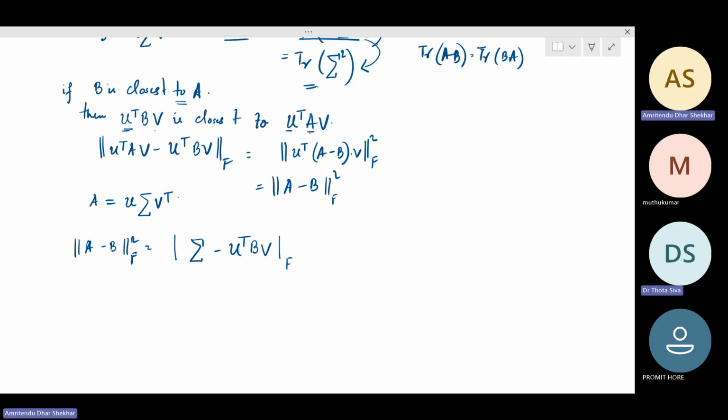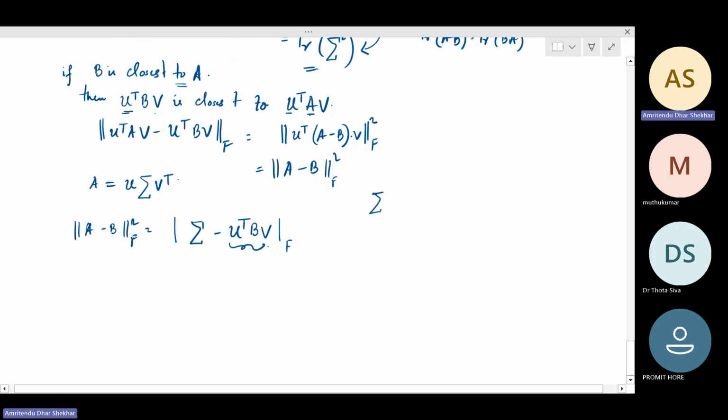And if you want this thing to be minimized, if you want a rank K approximation of this, then you should choose this U transpose BV.